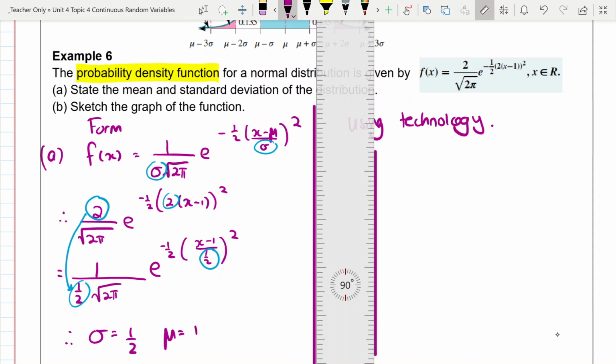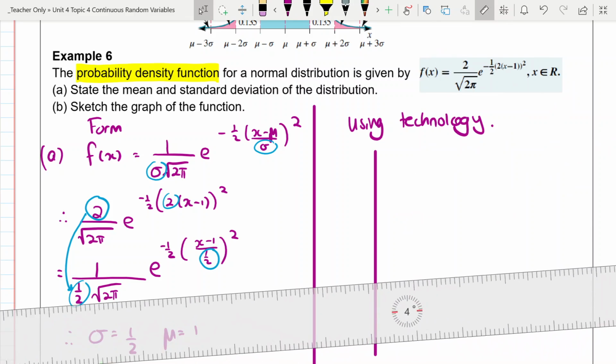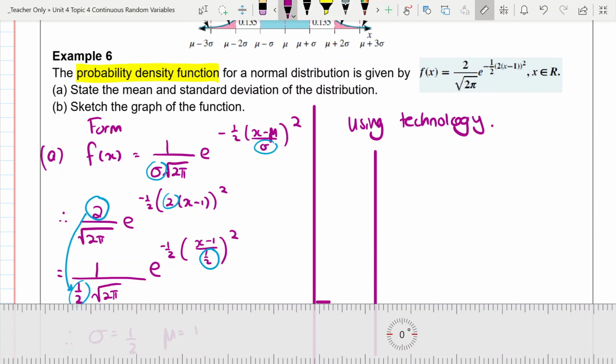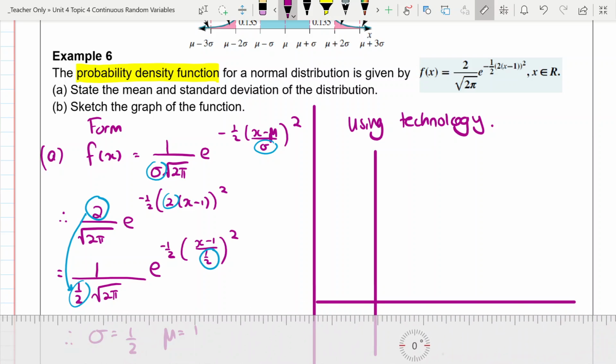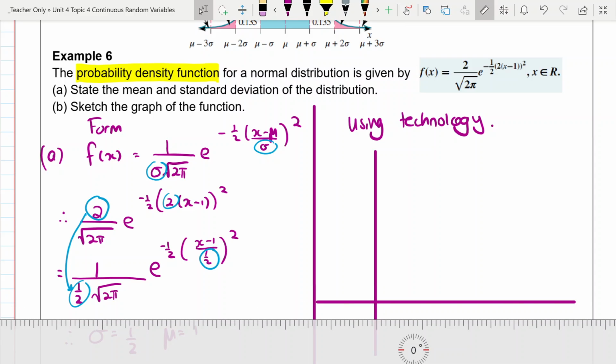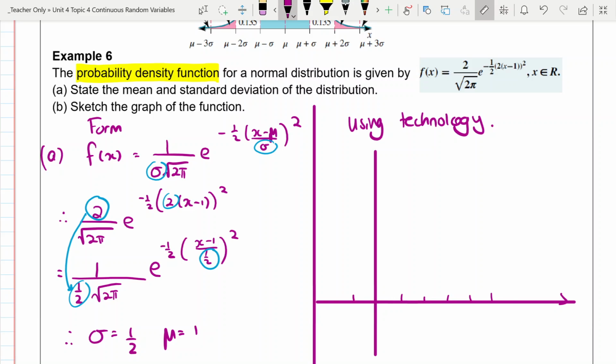So what that looks like is something like this. We're going to need to go up to 3 standard deviations, so we're going to go negative 0.5, 0, 0.5, 1, 1.5, 2, and 2.5.